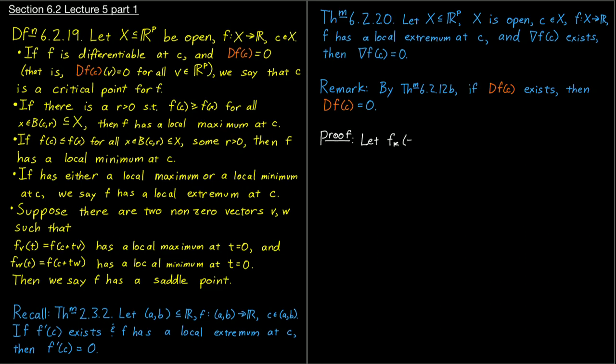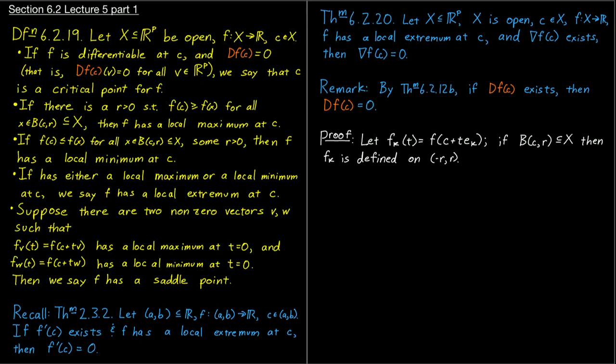Let f_k of t be f of C plus t times e_k. You remember from section 5.3 that we can always put a little ball centered at C inside X, then f_k is defined on the interval from minus r to r.